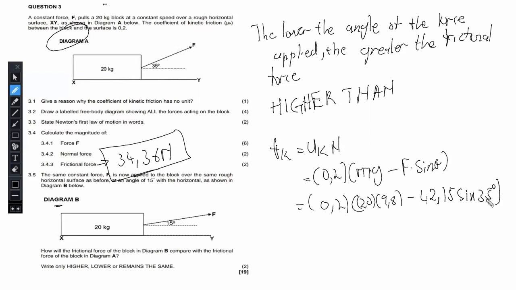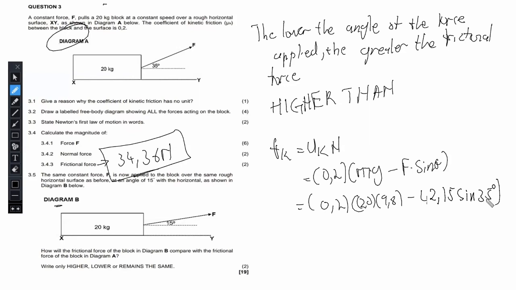If you were to punch all of that in, it's 0.2 in brackets 20 times 9.8 minus 42.15, then sine 35.